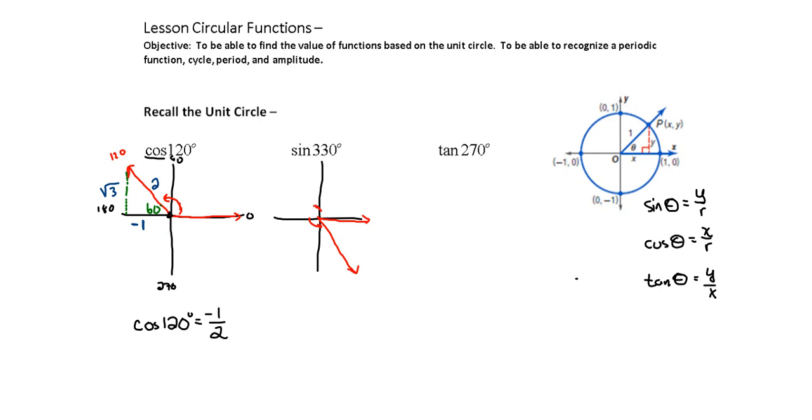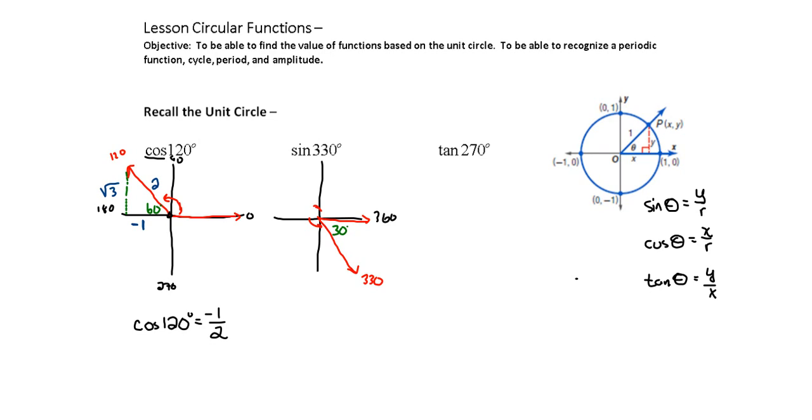If this one is 330, the question would be, how much further did you have to go to get to 360? And in this case, this angle is a 30-degree angle.